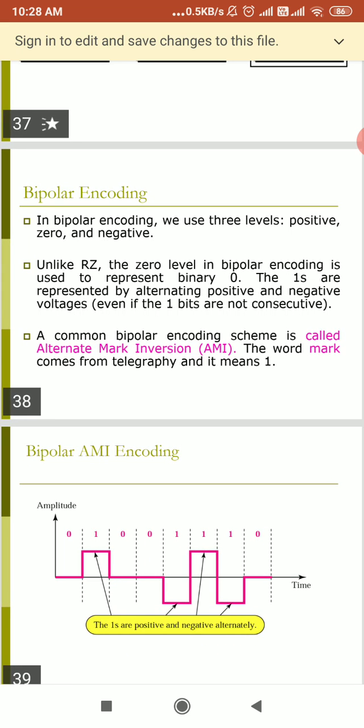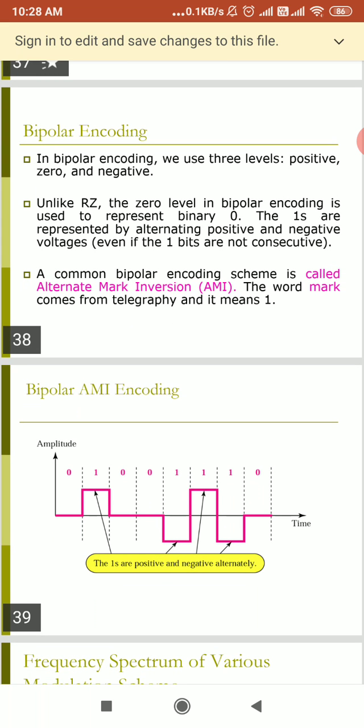If we are using binary 0, there will be 0 level. And if there is alternating positive or alternating negative voltage, at that time we use binary value 1.